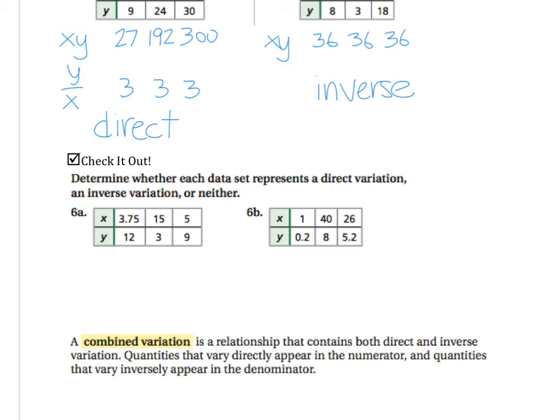Okay, so you do that with your set of data. You test either as a product or as a ratio. Remember that the ratio or the division is the direct and the product is the inverse.